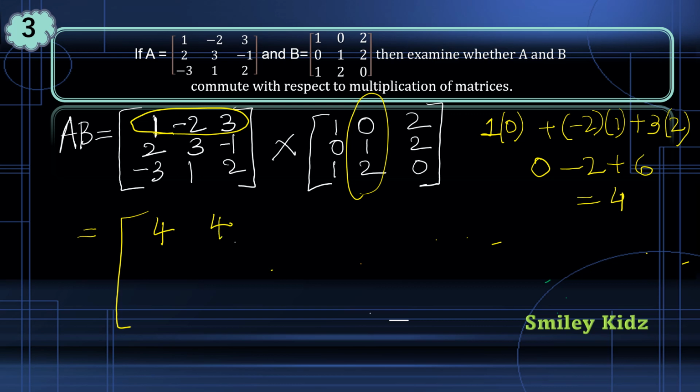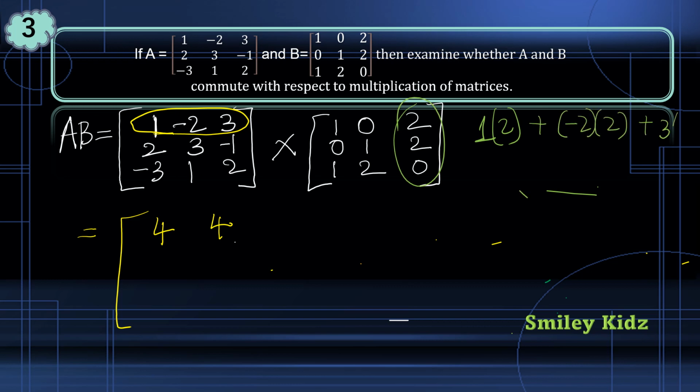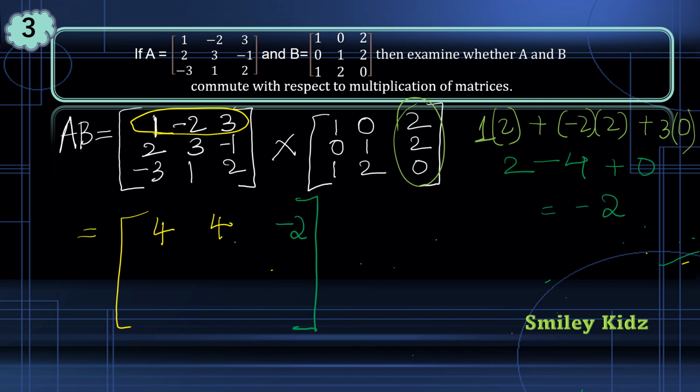Moving to the third column, we have 1 into 2 plus minus 2 into 2 plus 3 into 0. What will this be equal to? Here you have 2 minus 4 plus 0. This is minus 2. So here you will have minus 2.